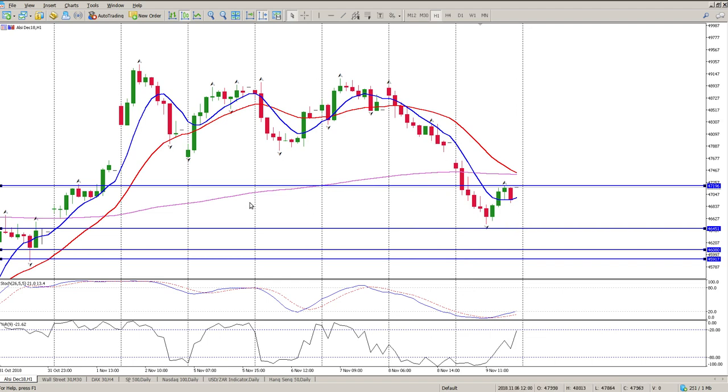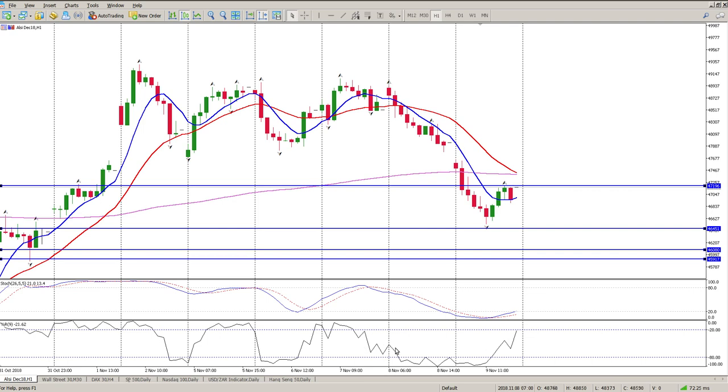So I'm expecting us to come down and find one of these levels to the downside. The only thing that's going to change my mind is a break above 47,200. A break above 47,200 is going to start putting us above the 200 moving average, and we'll probably get a moving average crossover here. That's my view on this at the moment.